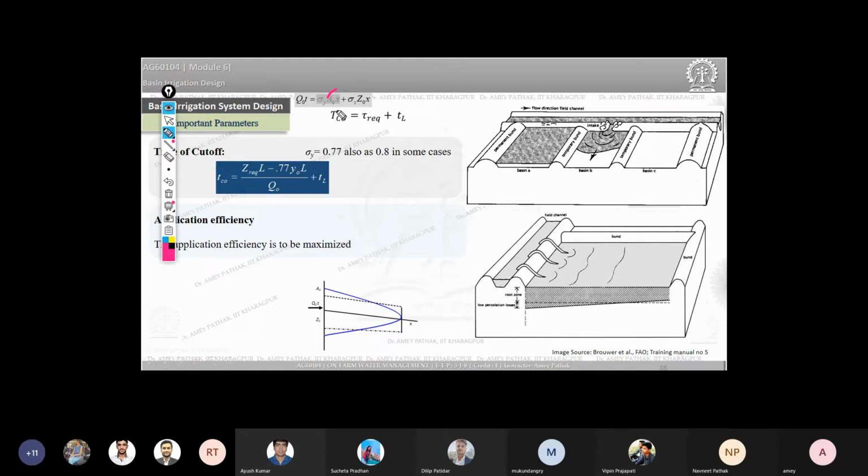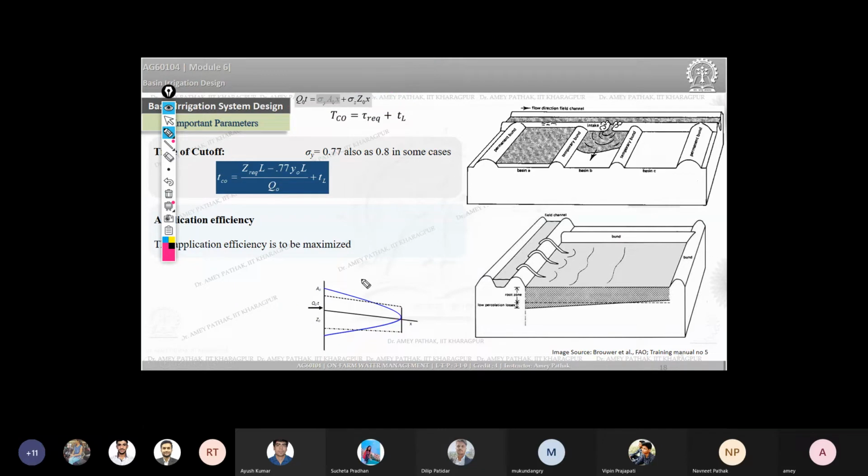The shape will be like this, so that's why this is shape factor sigma Y. Similarly, the infiltration profile is also not exactly vertical. In reality it is like this. So Z naught into X multiplied by this shape factor sigma Z. So this is your profile. What we are saying is that the input is split into two parts, one for surface and one for infiltration. This is what this equation is talking about.